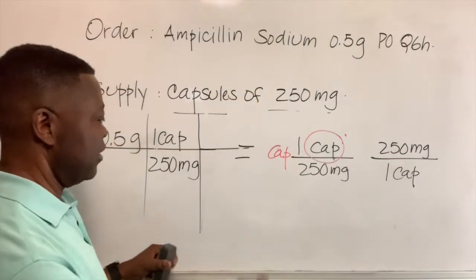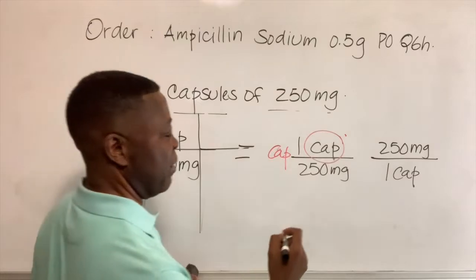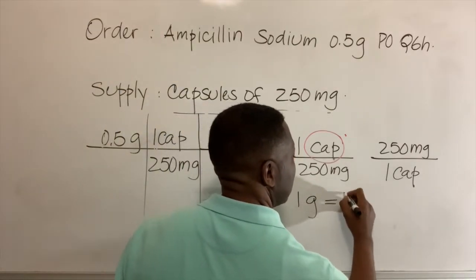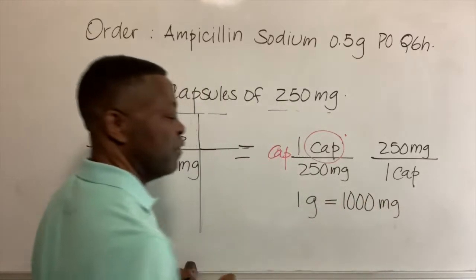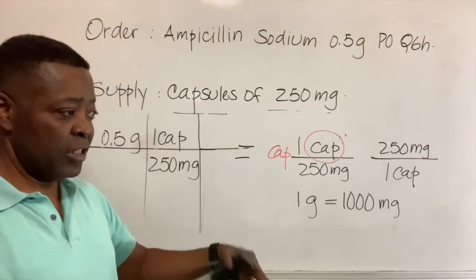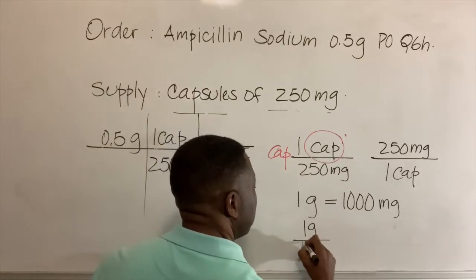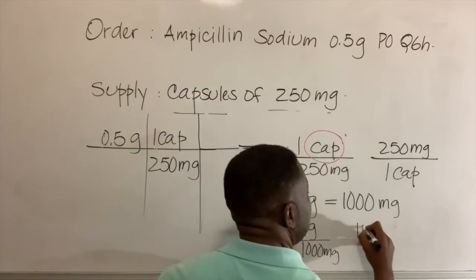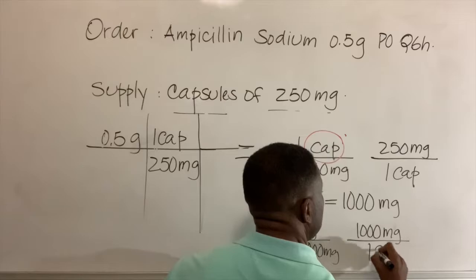Using the metric system, how can we write the relationship between gram and milligram? Remember, 1 gram equals 1,000 milligram, right? 1 gram equals 1,000 milligram. And from this, I can write the two ratios, 1 gram over 1,000 milligram or 1,000 milligram over 1 gram.